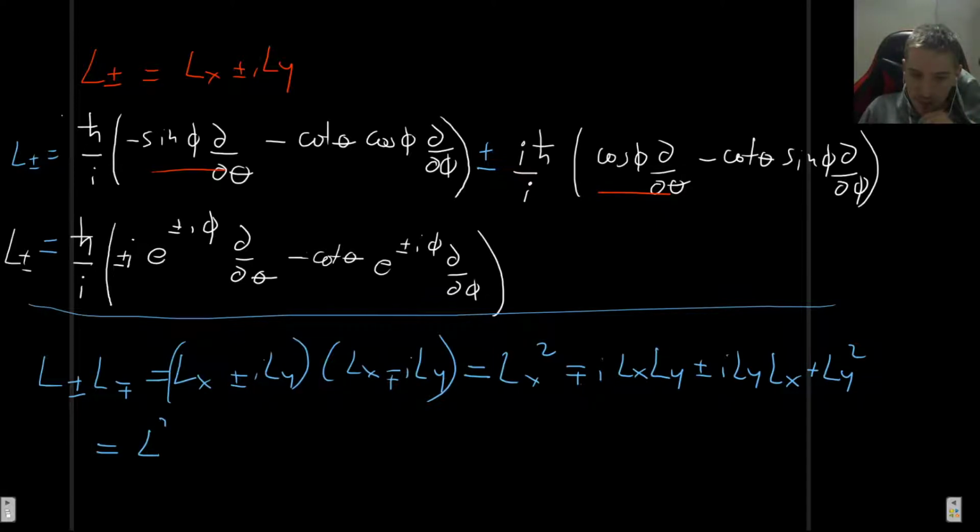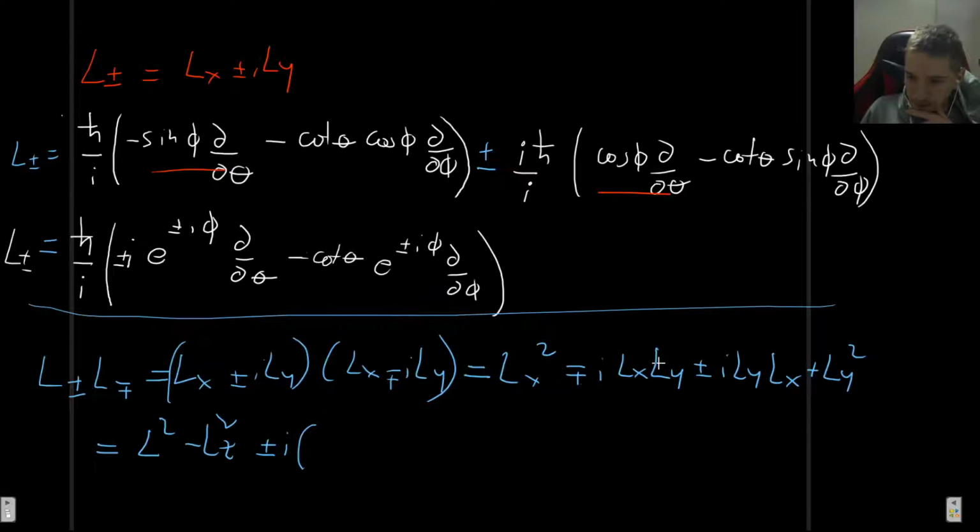And this we can rewrite as L squared minus Lz squared, because L squared is Lx squared plus Ly squared. So if we had another Lz squared, we would have L squared, so we can just write it as L squared minus Lz squared. I said L, I meant L squared, sorry. And then we have this part right here. So let me factor out, I'm going a bit faster because we did some of this in the previous video, that's why. Plus or minus i, I'm going to factor from this.